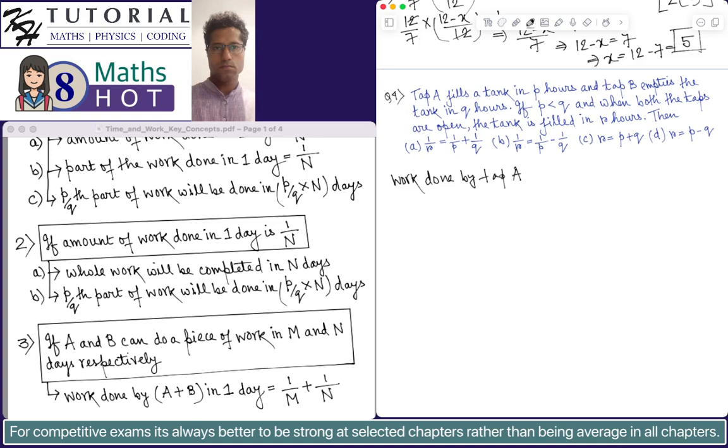So work done by tap A will be equal to 1 by P, since it is given that tap A can alone fill the empty tank in P hours.